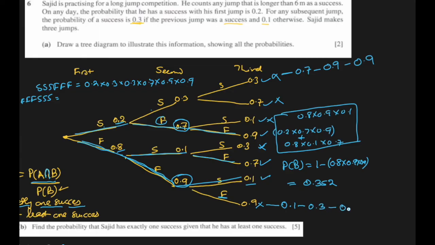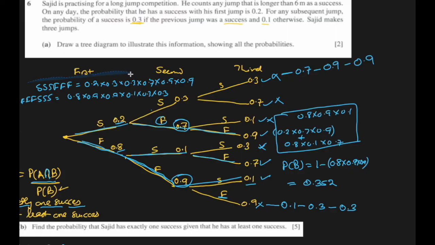Again we want a success, 0.3. So the probability will be this branch now 0.8 multiplied by 0.9, then 0.9 again, 0.1, 0.3 and 0.3.